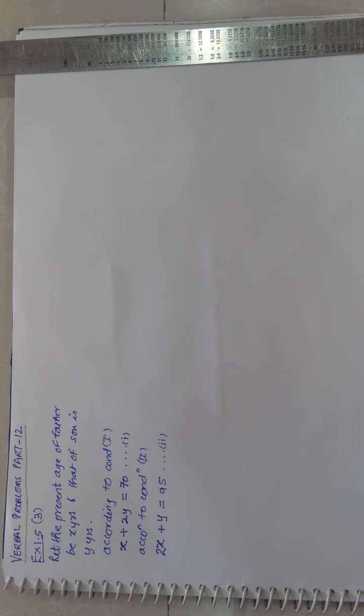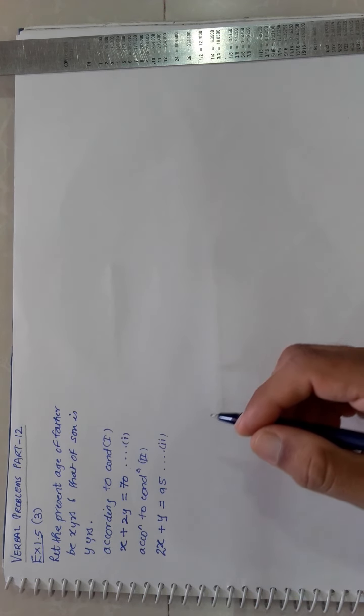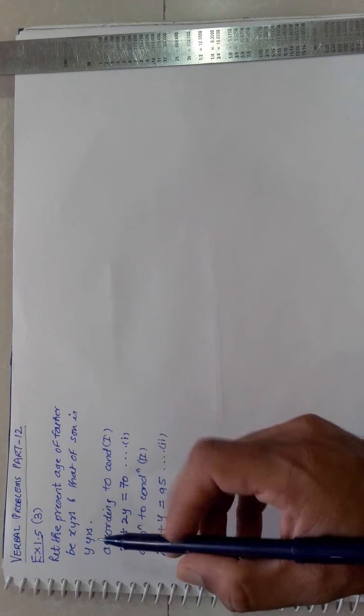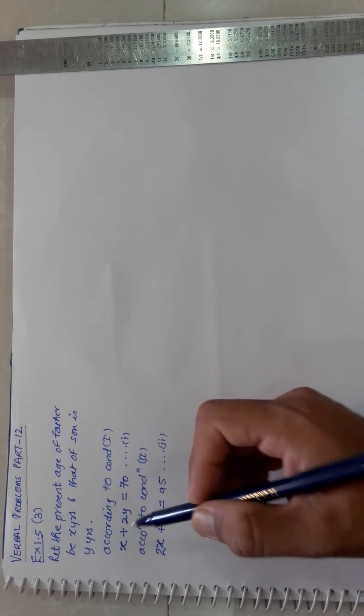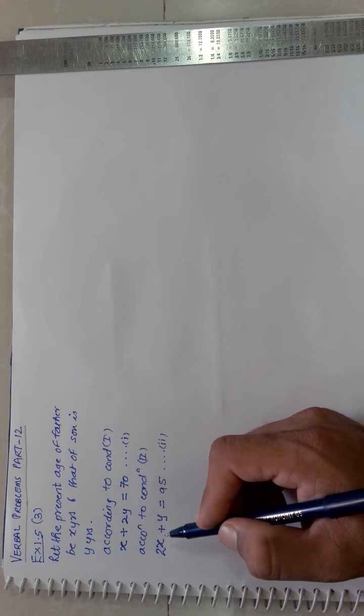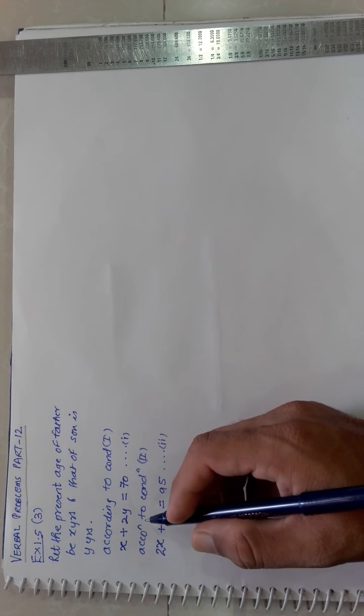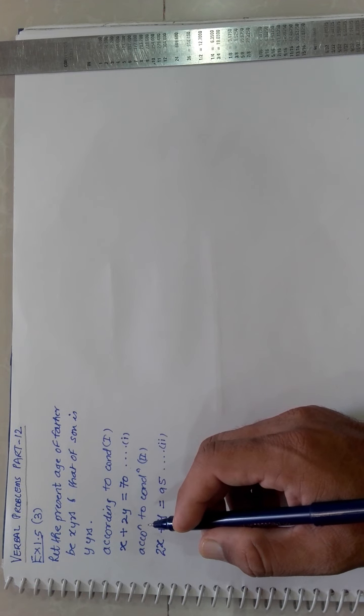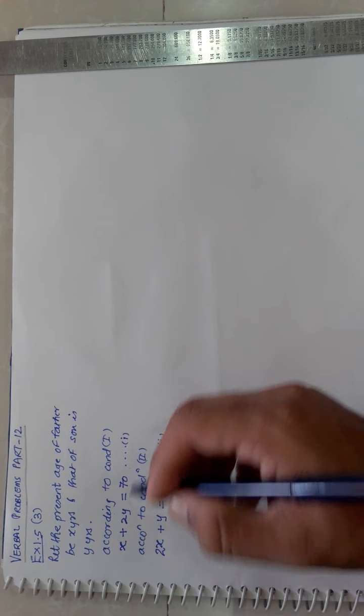Now I have two conditions. You can see they are linear equations in two variables. You can solve them by elimination, by substitution, or by Cramer's rule. But here it is very clear cut. I will just consider the first one because here the variable x has coefficient 1 and variable y also has coefficient 1, so both are advisable. You will get the value of x also and value of y also.